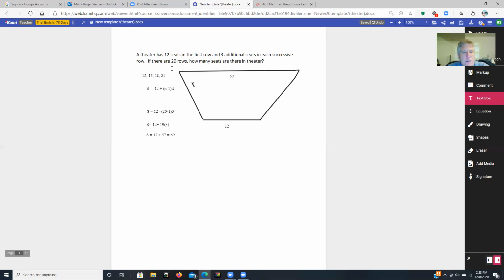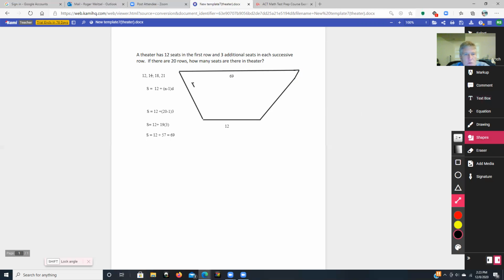All right, you notice that this is a trapezoid, and what we're going to do here is essentially find the area of this trapezoid, which is to take the average of the two sides. What we're going to really do is to change this into a rectangle. So let's change the color to red here.